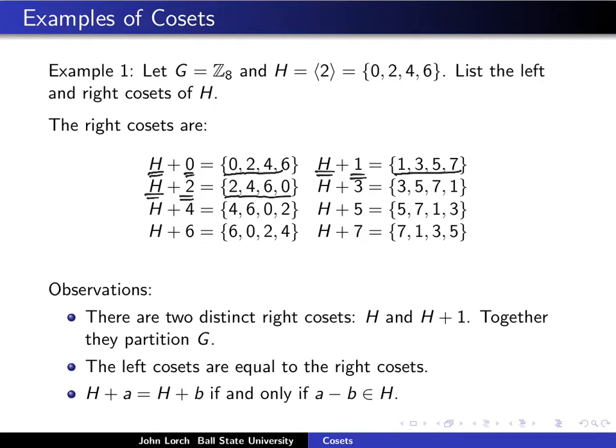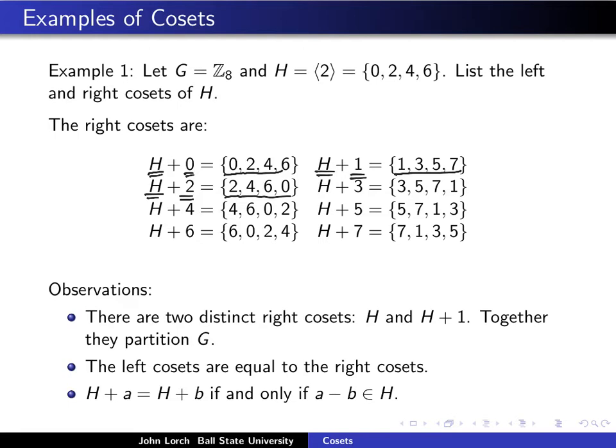Okay, there are just a few observations about this calculation that we've made. First of all, the problem asked us to compute the left cosets as well, and perhaps you've already guessed that in this instance, the left cosets and the right cosets are exactly the same because this group is abelian.